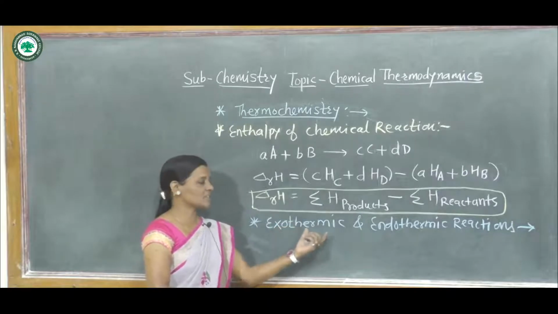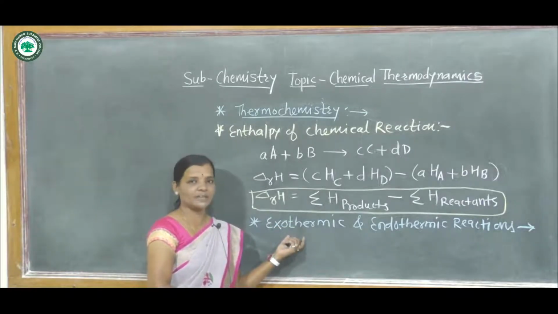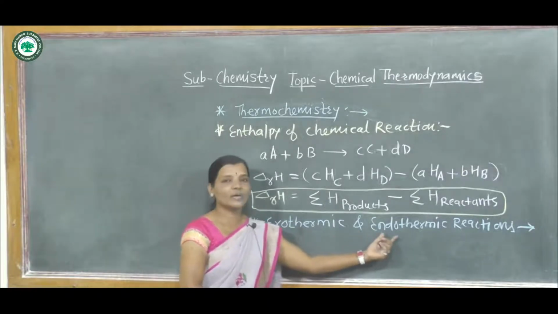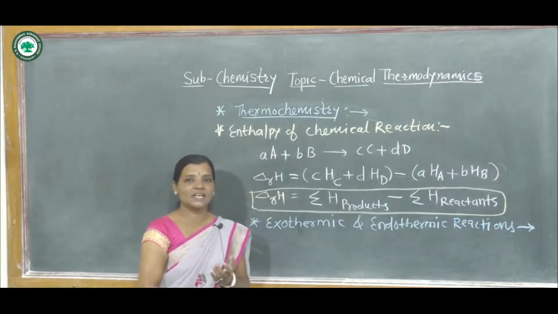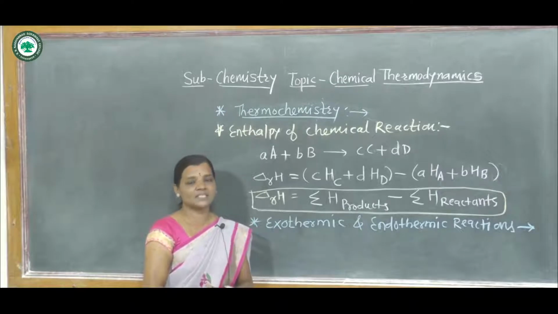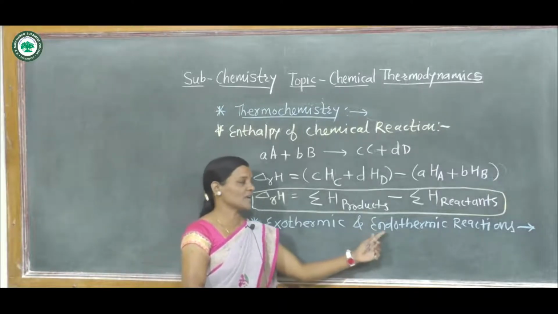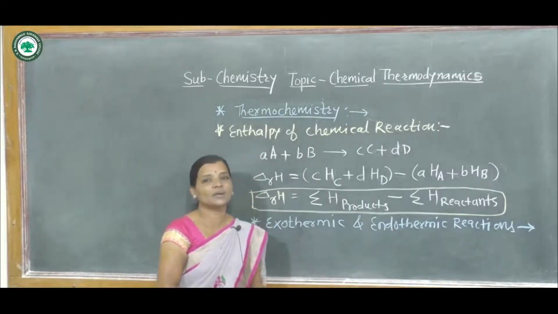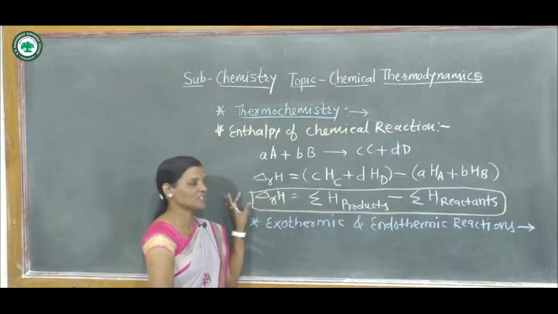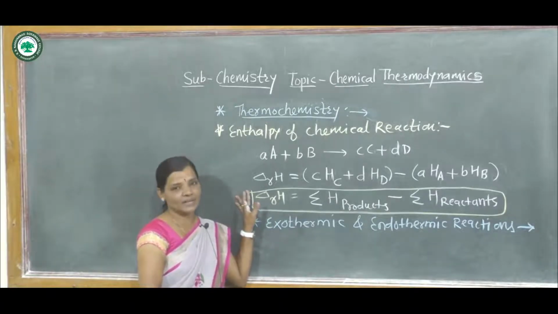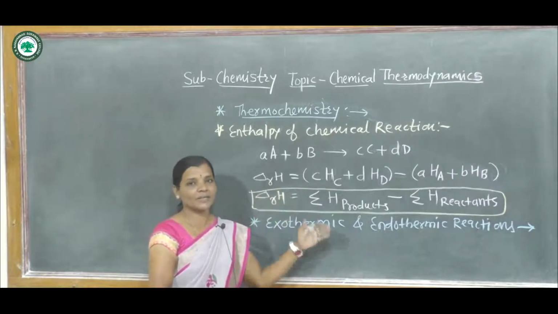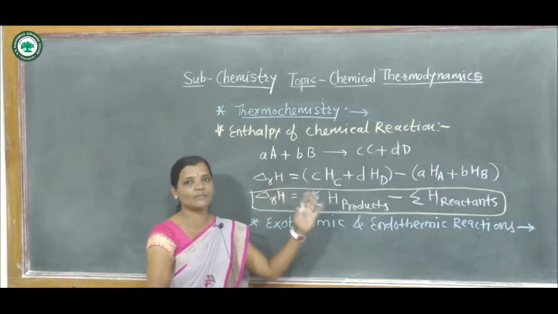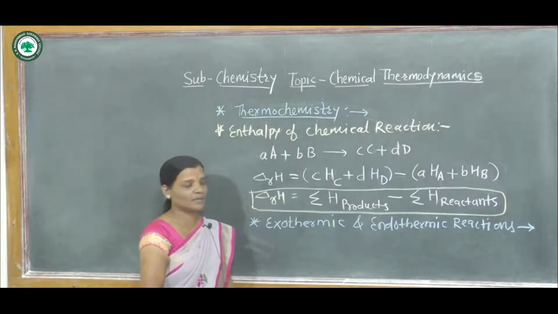Such types of reactions are called exothermic reactions. And what is meant by endothermic reaction? Endothermic reaction means heat is absorbed by the system, then such types of reactions are called endothermic reactions. Now from the equation we have to identify whether the given chemical reaction is exothermic or endothermic.